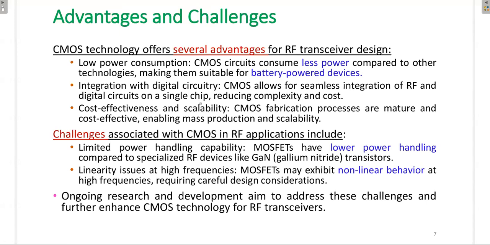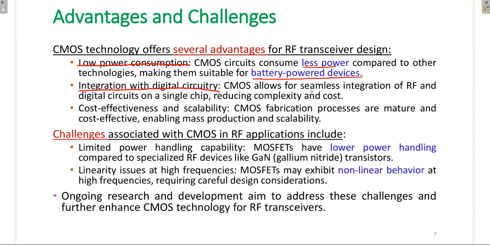What are the advantages and challenges of CMOS technology? So it provides low power consumption. We know that as it consumes less current, it will have less power dissipation, so that it can be operated with battery powered devices. And then easy integration with digital circuitry.